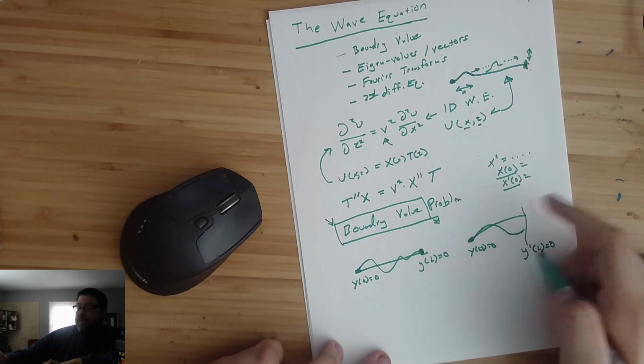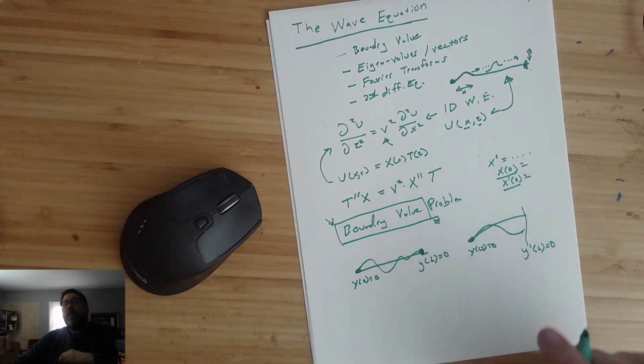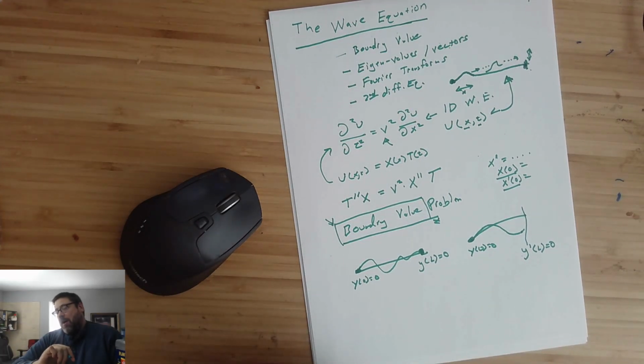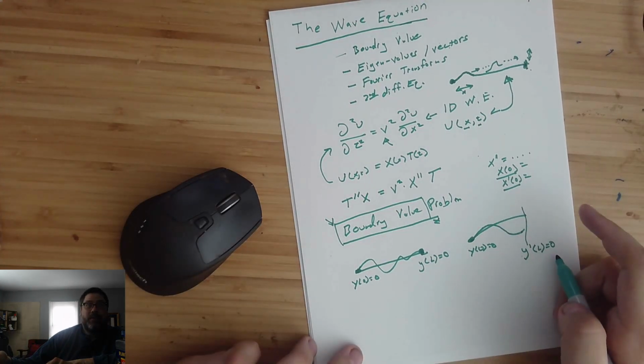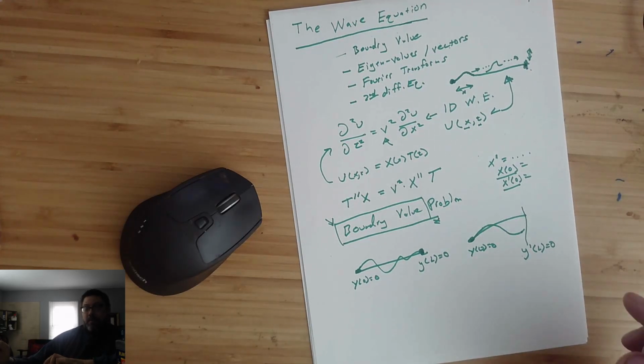Or in other words, the derivative has to be 0 at the other end. This is a different kind of boundary value problem, right? But it's still a boundary value problem. Namely, we're given a conditional statement on the function at the boundaries. And it's not necessarily on the function, it can be on the derivative of the function as well, right?